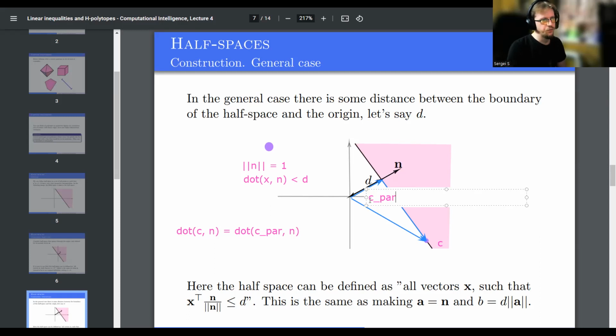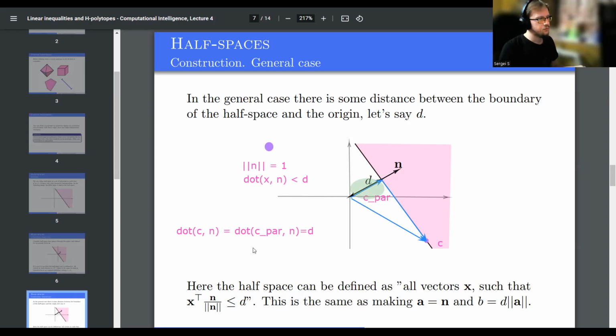Par stands for parallel. So it's only this component that actually does anything. This component is just perpendicular to n, so in the dot product it doesn't do anything. So what is the dot product between C parallel and n? Well, if n is a unit vector, then clearly this dot product would have to be equal to d, because d is the Euclidean distance. That's how Euclidean distance is defined.